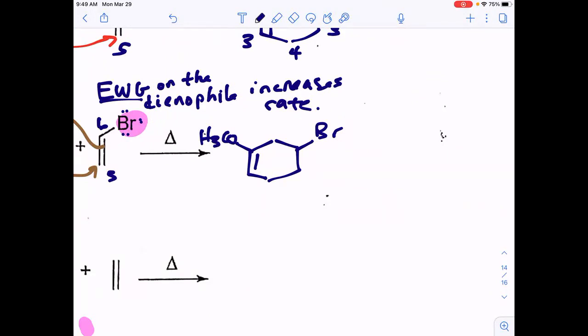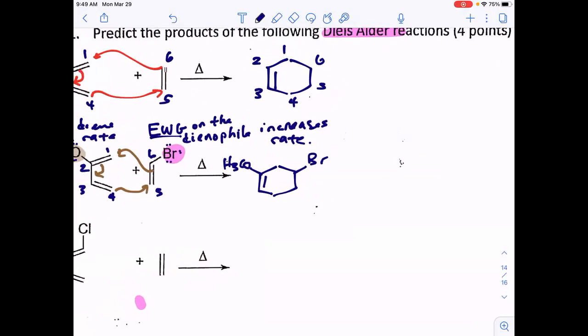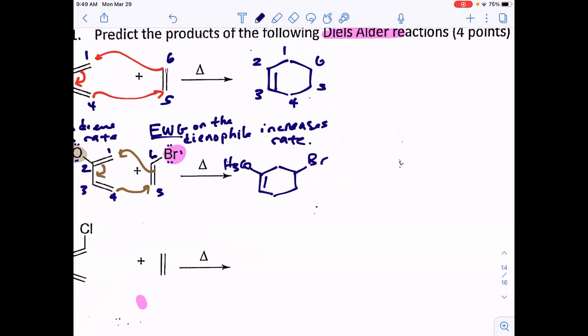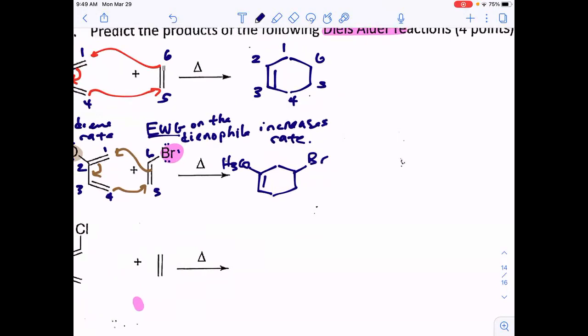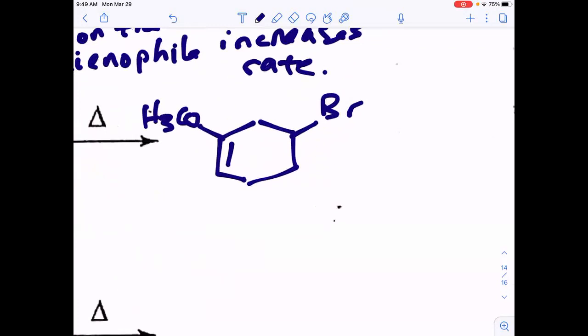Yes, it is a chiral center, because the carbons are attached to four different substituents. And so in reality, when you do this reaction, you're actually going to get two products. You'll get this and you'll get this.